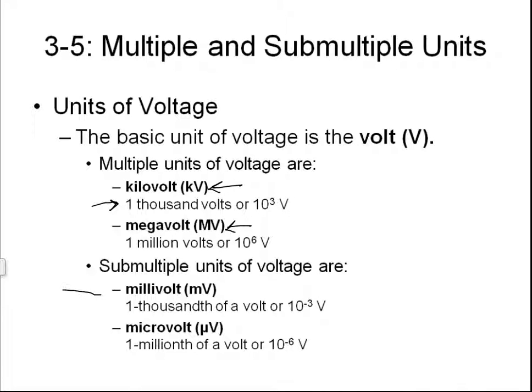If you're less than 1, in the 1/1000th range, 10 to the minus 3, you're in the millivolt range. So we want to use millivolts. 1/1,000,000th, the microvolt range. So we're going to say 10 kilovolts, or 10 microvolts.